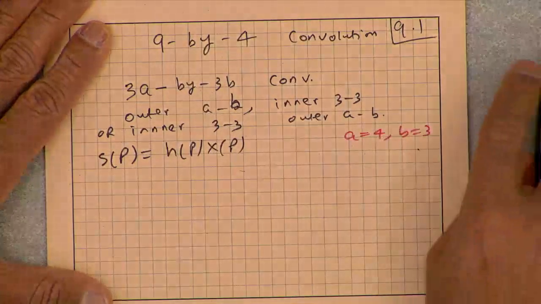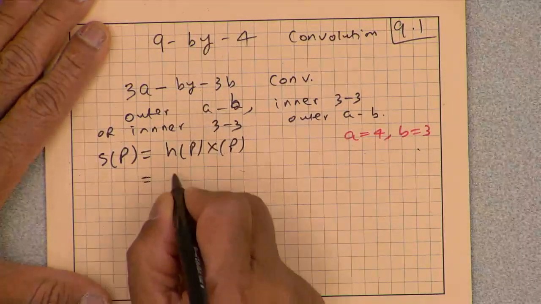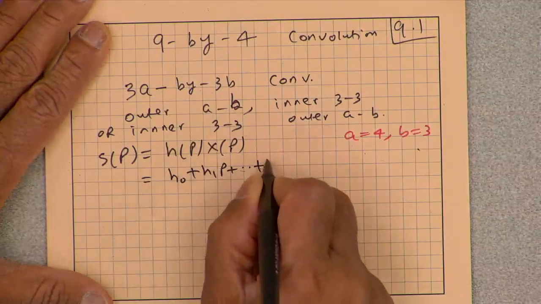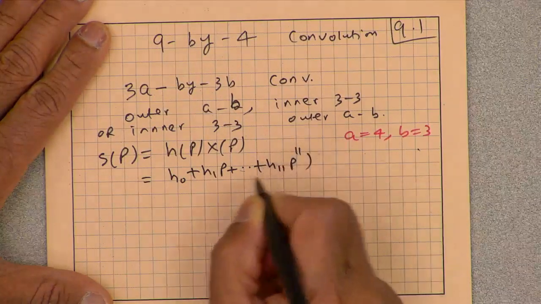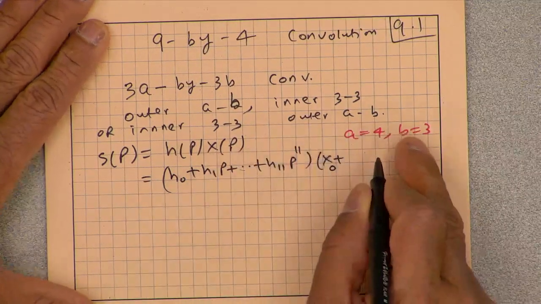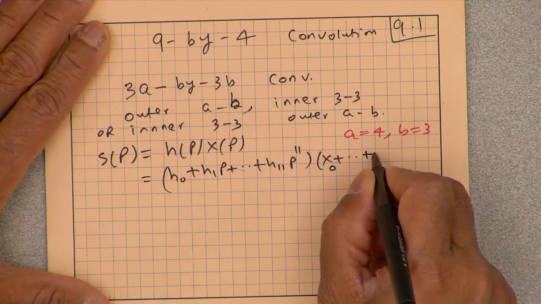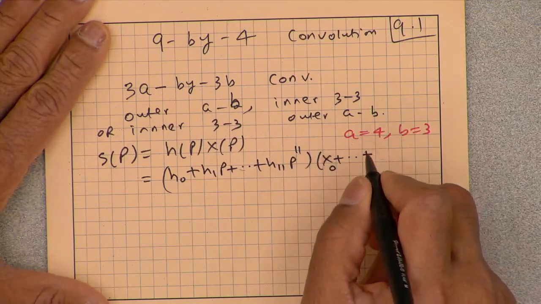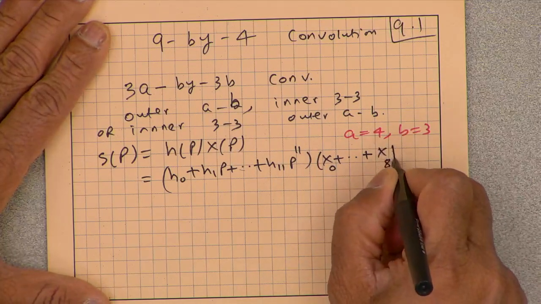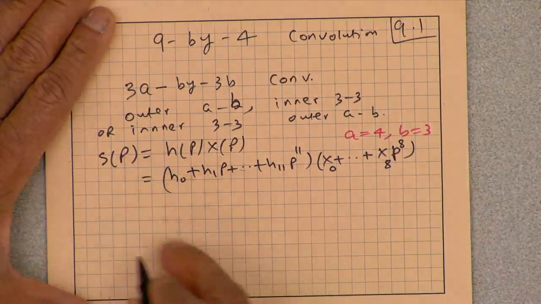Then H0 plus H1P all the way up to H11 P to power 11, times X0 and so on, so that would be degree 9, sorry, degree 8. 9 terms, so that would be up to degree 8. So there are basically two ways of approaching this.